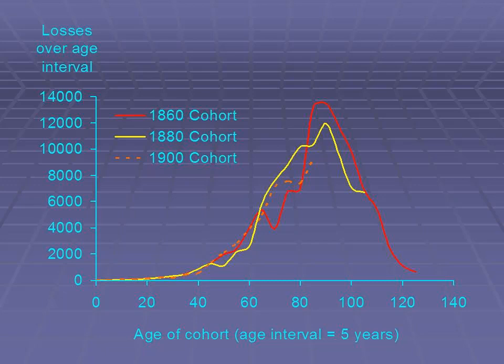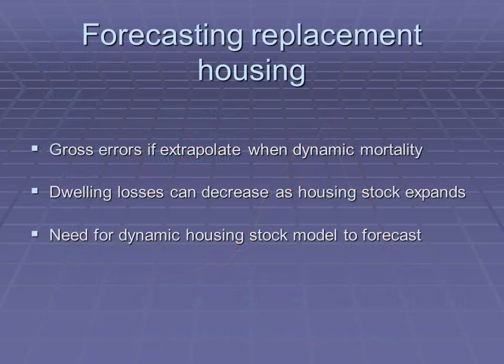One implication of dynamic mortality is that if you try to estimate or forecast the replacement rate of housing by extrapolating from a data series of demolition, then your estimates can be prone to gross error.